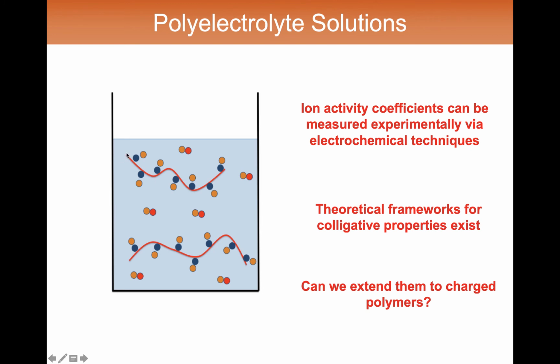And the idea here is that for polyelectrolytes, so these will just be low concentrations of charged polymers that are not cross-linked but are just dissolved in aqueous solution, perhaps with excess salt added to the solution, ions are exchanging with the fixed charge group on the backbone, and the presence of these polyions, polycations or polyanions for cation or anion exchange polymers, influences the colligative properties and the thermodynamic properties of the surrounding ions in solution.